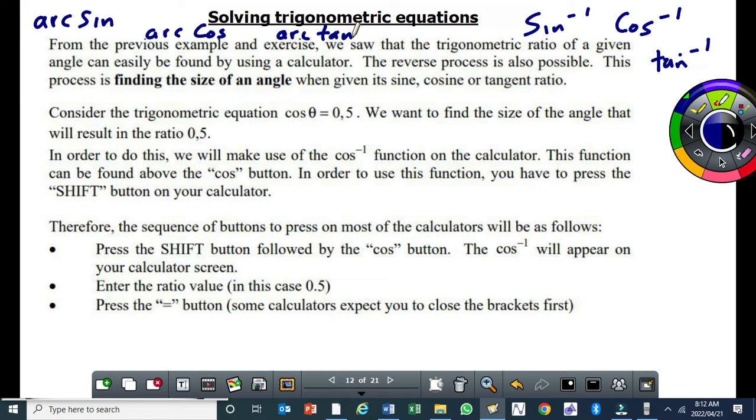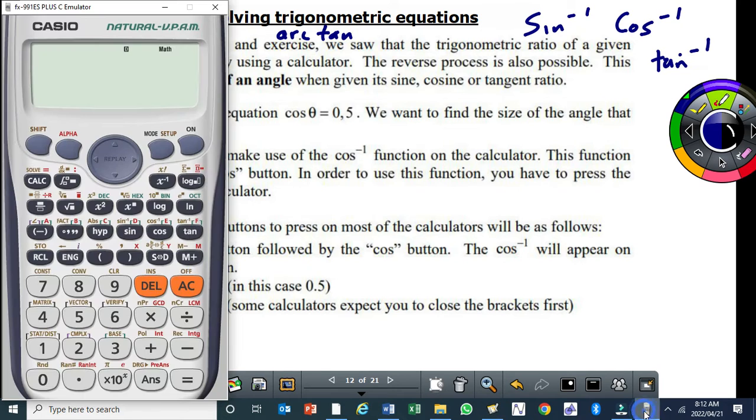Generally it is simplified by teachers by just saying shift sine, shift cos, shift tan, but the correct way of saying it is arc sine, arc cos, arc tan.